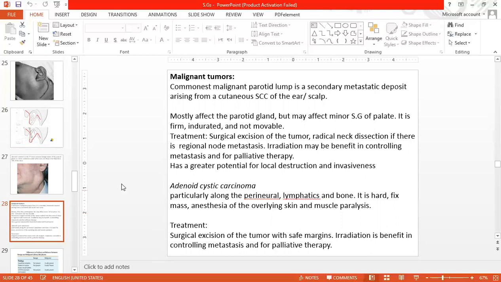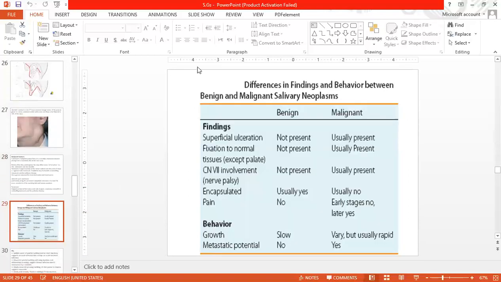Here are some of the descriptive findings between benign and malignant tumors. When you see some fixation or nerve injury or nerve paresis before you go to surgery, suspect that this lesion is malignant. Also, the growth of the tumor in a malignant condition may be faster or more rapid than the slow growth in a benign condition.